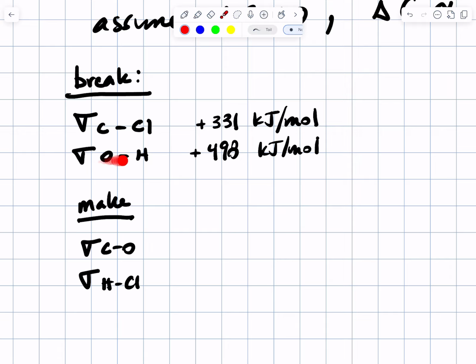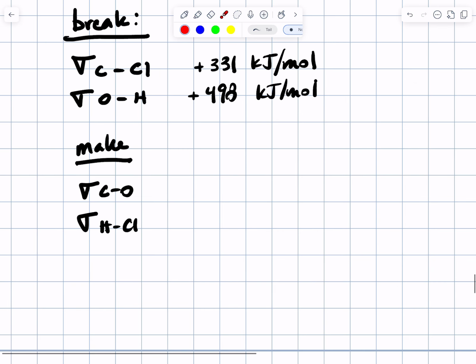Incidentally, this tells you that an OH bond is stronger than a CCl bond because it takes more energy to break the OH bond. That's a factor of the fact that hydrogen is small, so the bond is short and stable, whereas chlorine is larger, so the carbon-chlorine bond is longer and weaker.